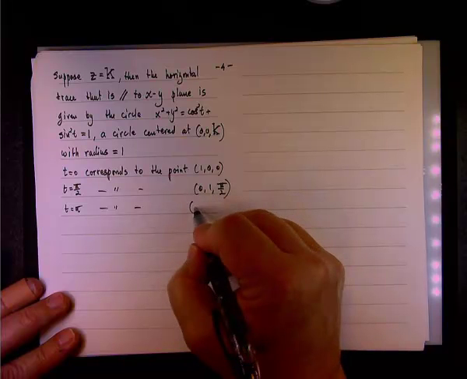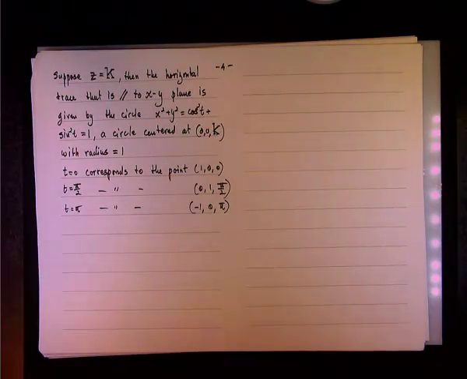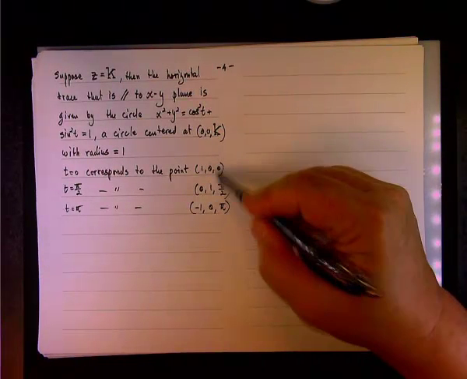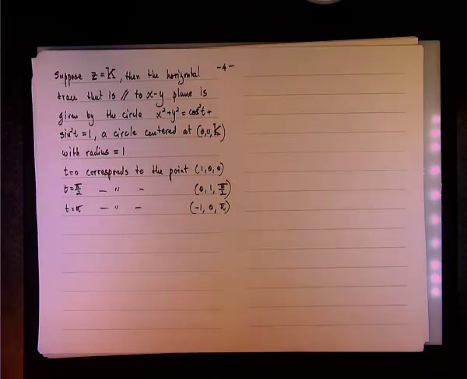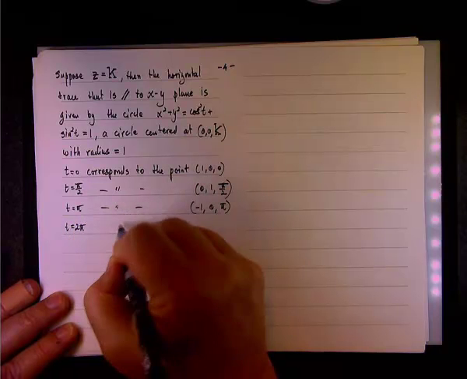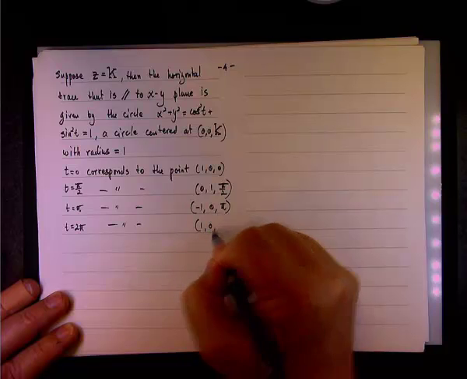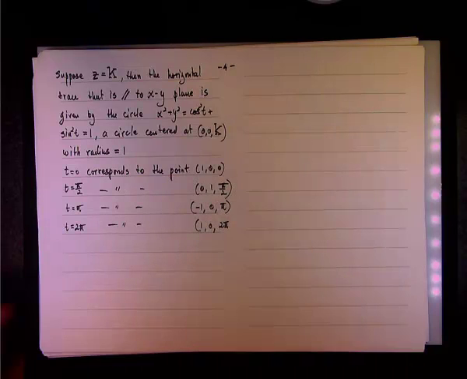Remember, t equals pi over 2. Okay, t equals pi corresponds to cosine of pi is negative 1, and here we have negative 1, 0, pi, and so on. Notice that the x and y values will be points on the circle.